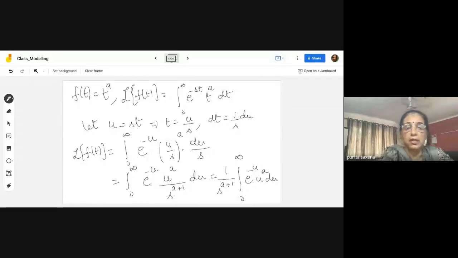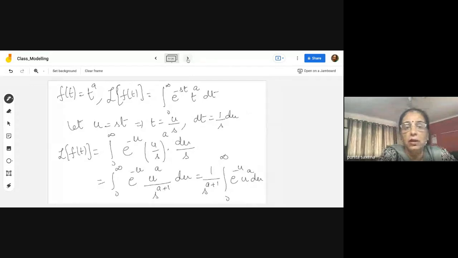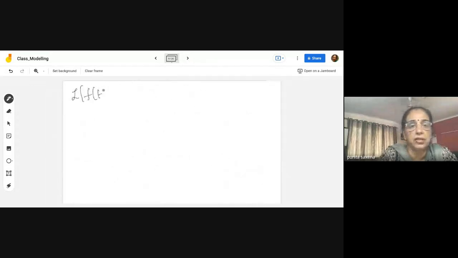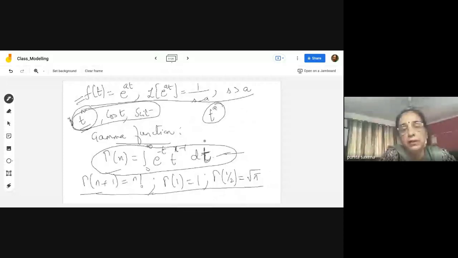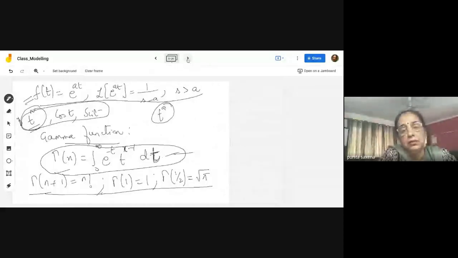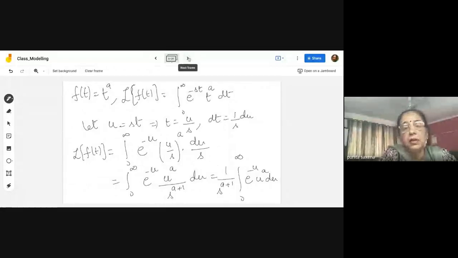Now, that means your Laplace transform of f(t) is nothing but 1 upon s to the power a plus 1 times the integral. If you look at the integral, it's a gamma function, right? But gamma function of what? You have u to the power a here. Compare it with this integral. So it becomes a gamma function of what?